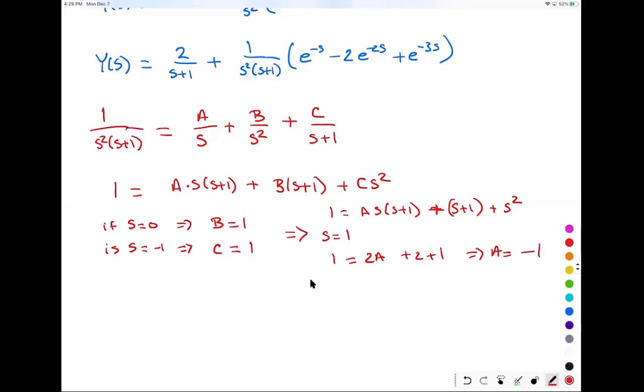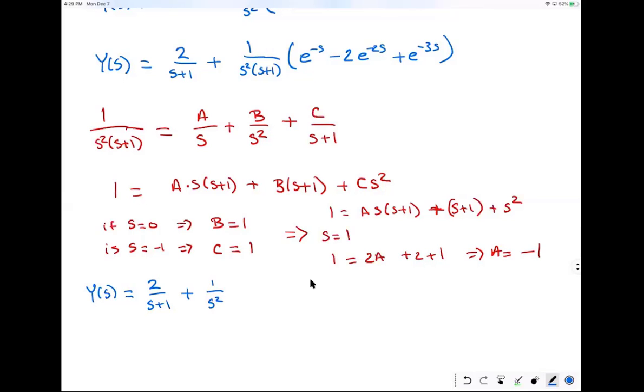Then, let's see if we can get this to come to a finale here. Y of s equals 2 over s plus 1. That's just from the first term. Then I do my partial fractions. So I do plus 1 over s squared.